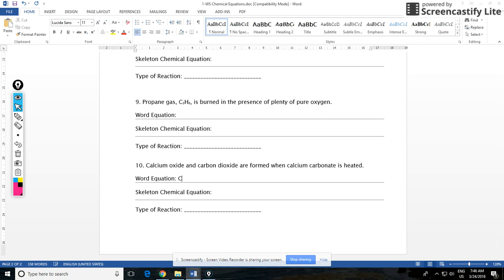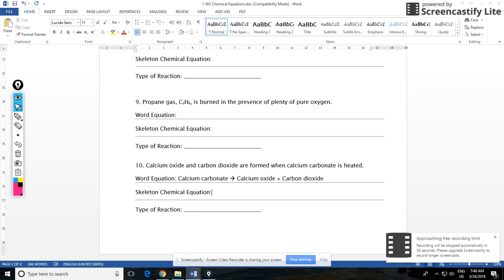So we have calcium carbonate. It's heated, and it's going to produce some calcium oxide plus some carbon dioxide. Notice I didn't put any states. I just wrote down the words.